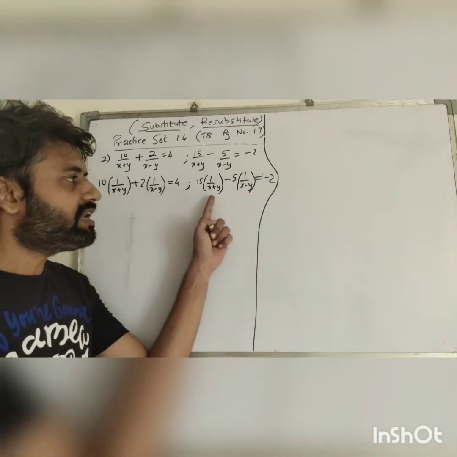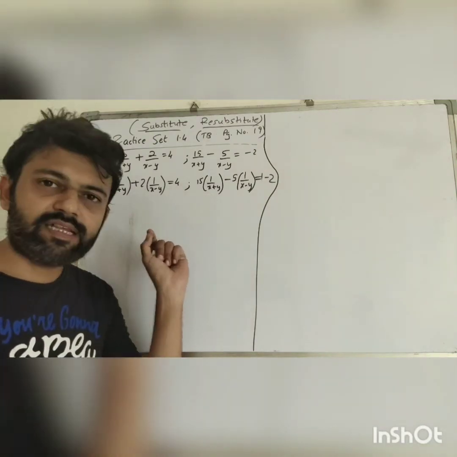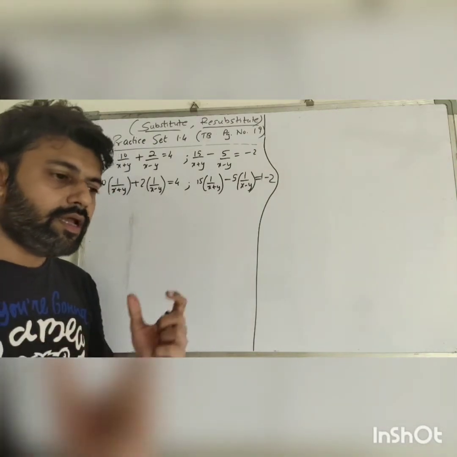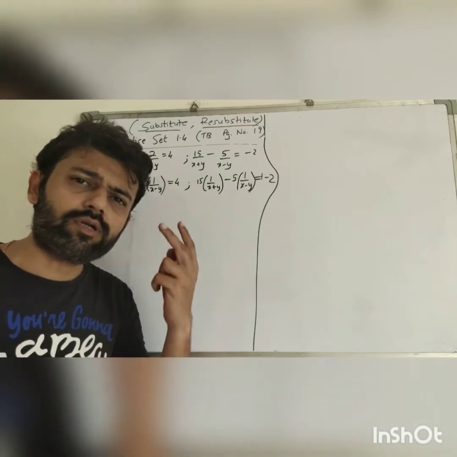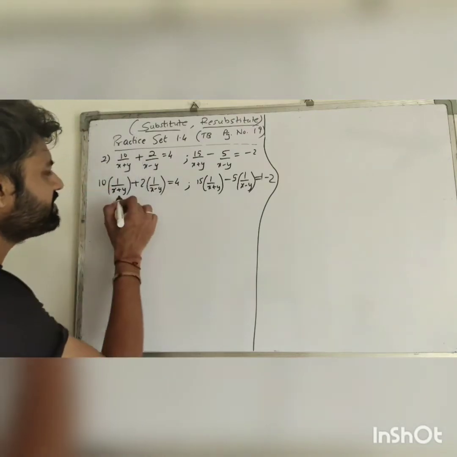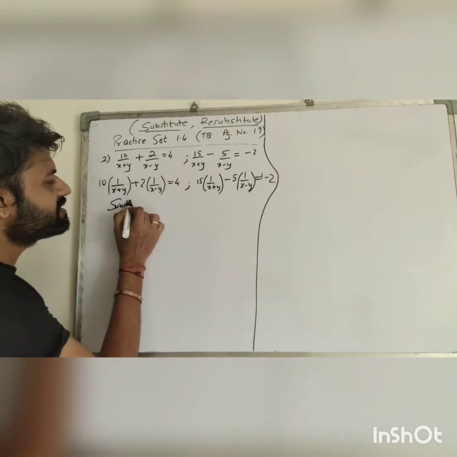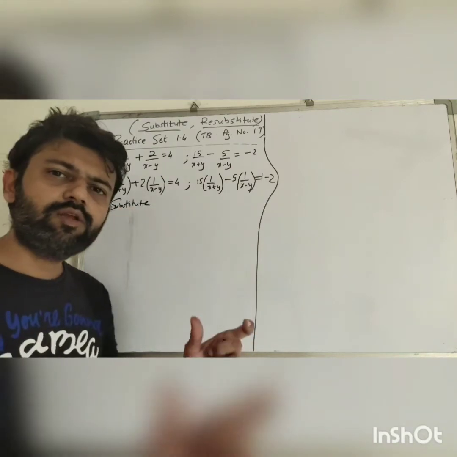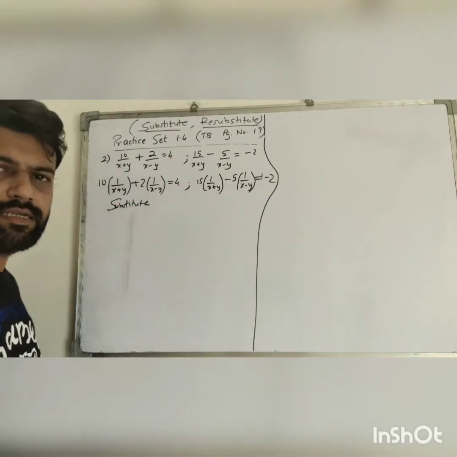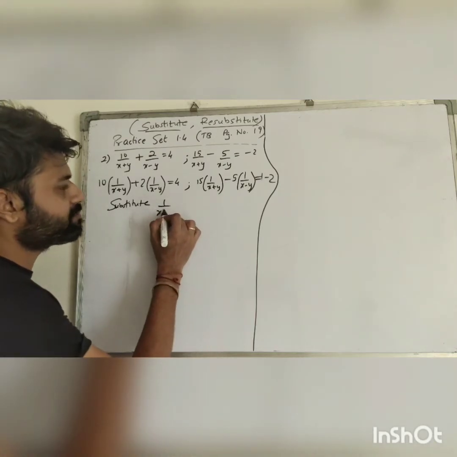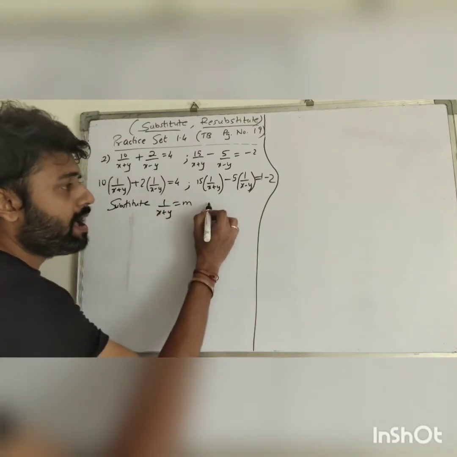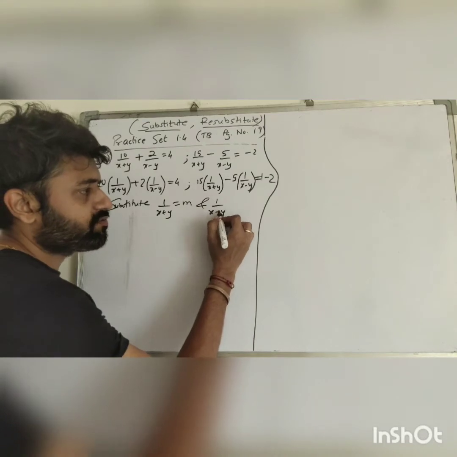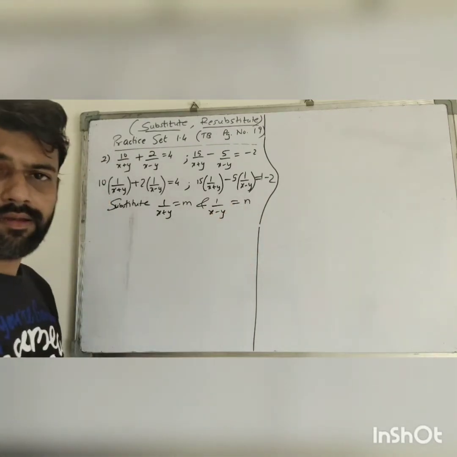We realize that 1 upon x plus y has come 2 times, 1 upon x minus y has come 2 times. In an equation, whenever things come 2 times, you should always remember the word substitute. So it makes the equation look very simple, very easy. Substitute 1 upon x plus y is equal to m and 1 upon x minus y is equal to n.